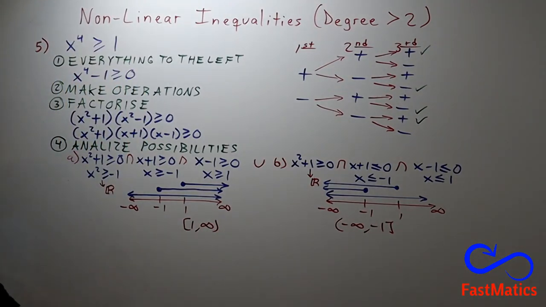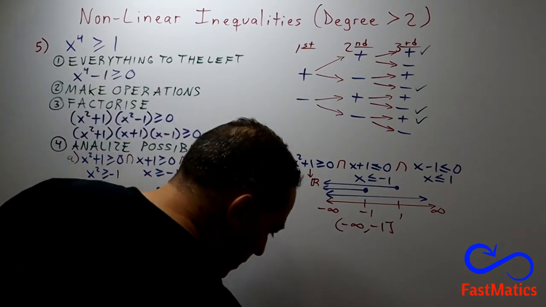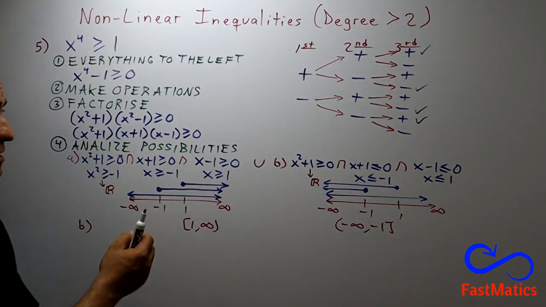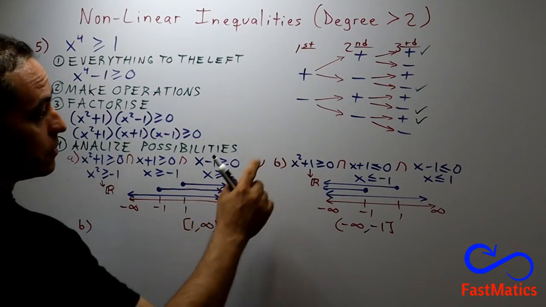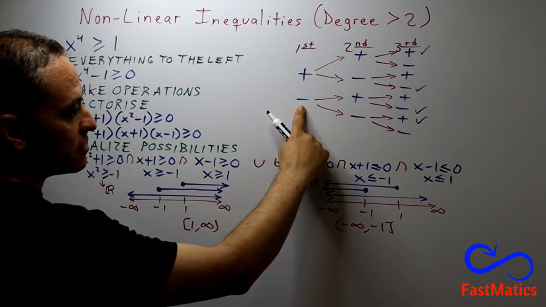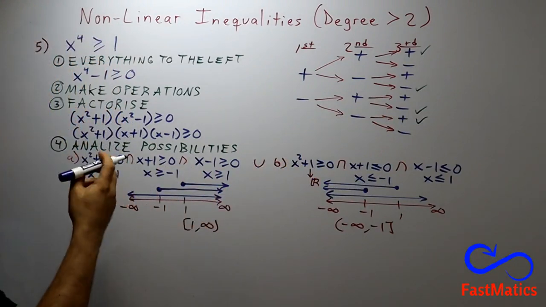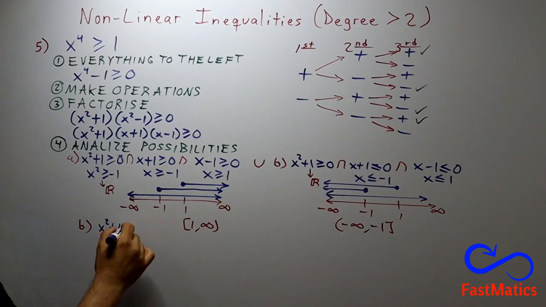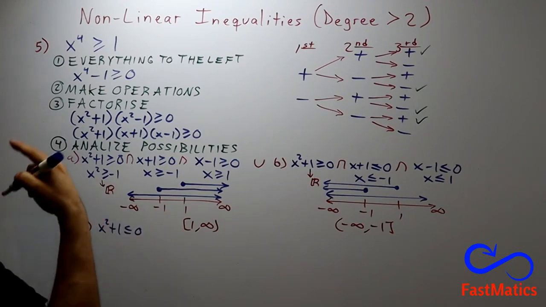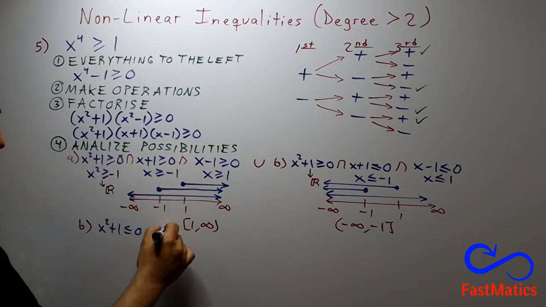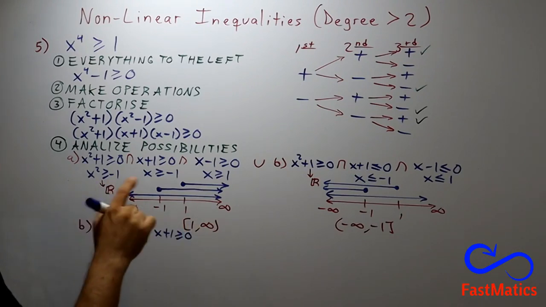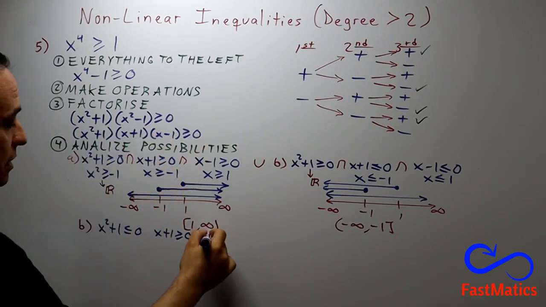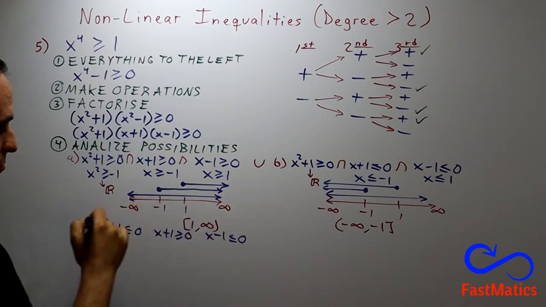After that, what are the other possibilities? After that, the first parenthesis negative, the second positive, the third negative. So the first less than or equal to 0, and the second greater than or equal to 0, and the third less than or equal to 0.